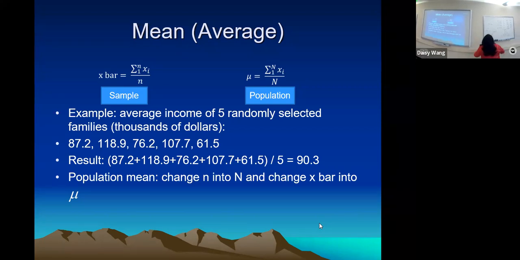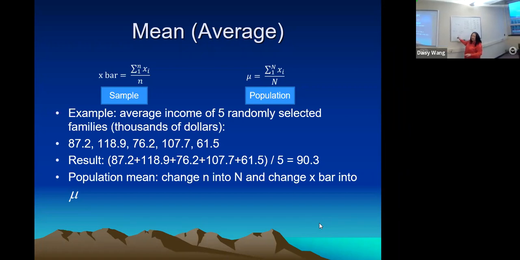For a sample, we use X bar. Sometimes when I write on the board, I might write 87.2 plus 108.9 plus this, divided by 5, so 90.3. This is a sample.